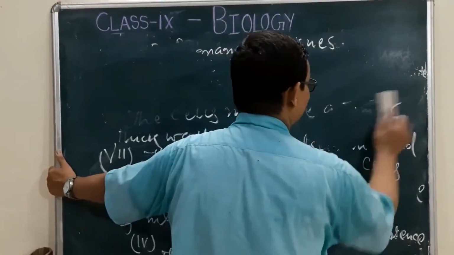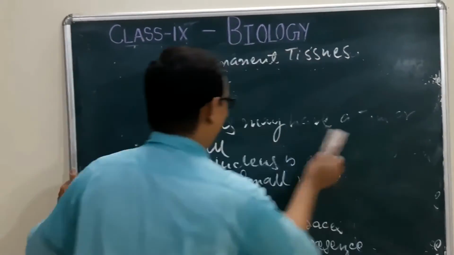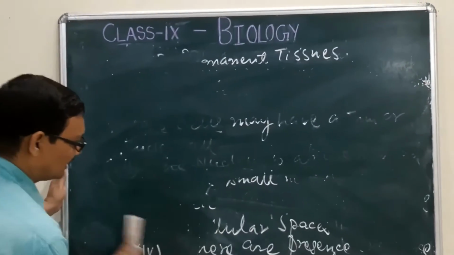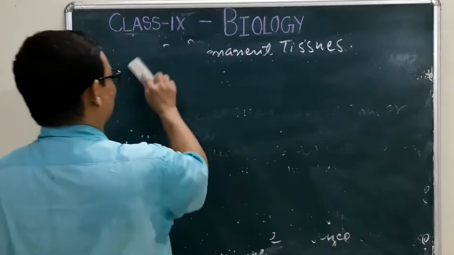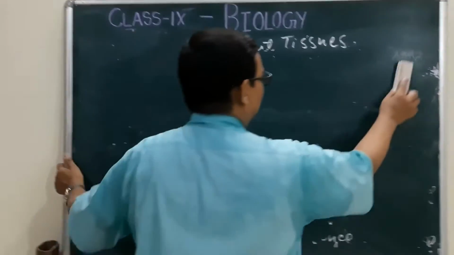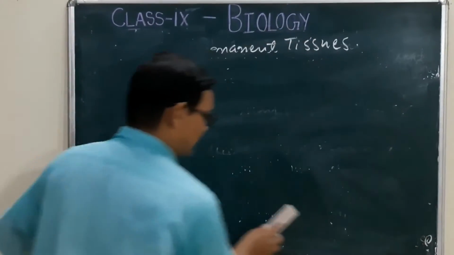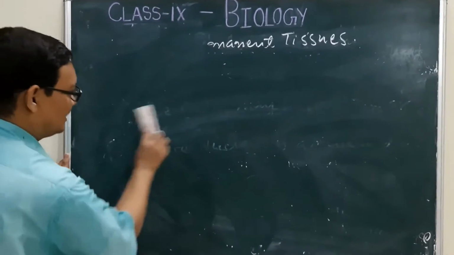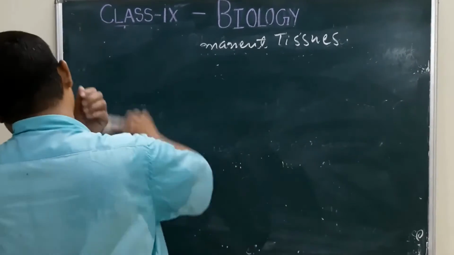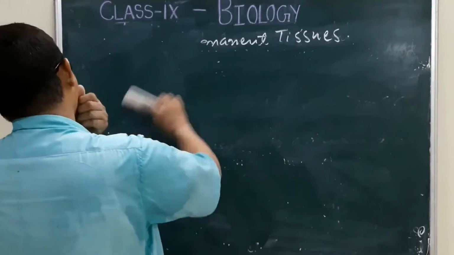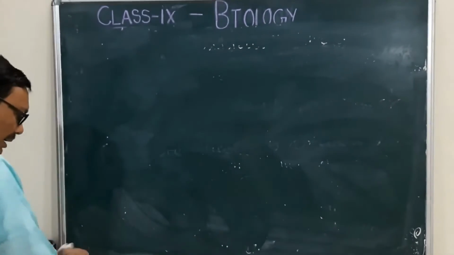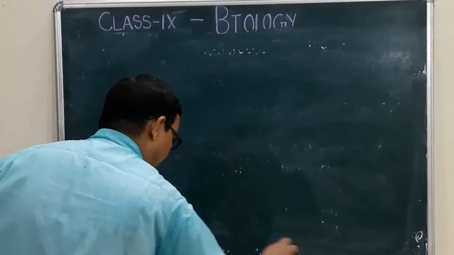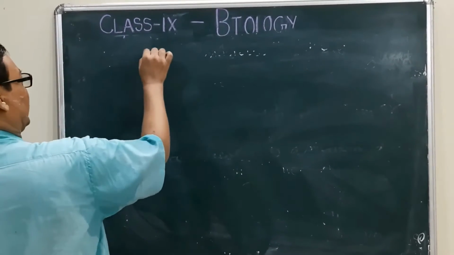In the classification of the plant, you have already seen the different types of permanent tissue. Once again, I am going to repeat those types which are included in your syllabus, and you must know and describe them.